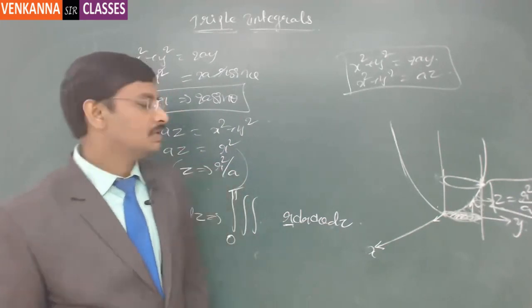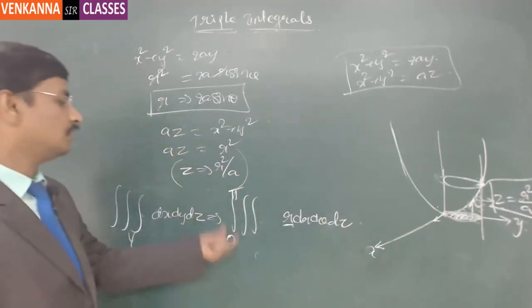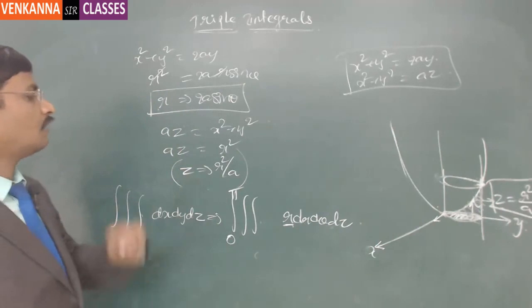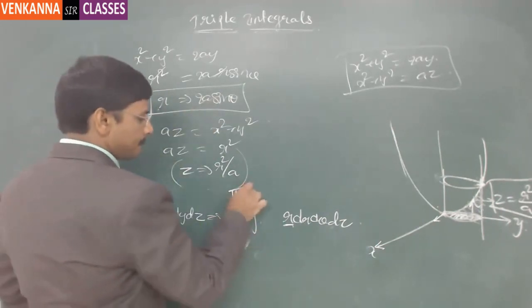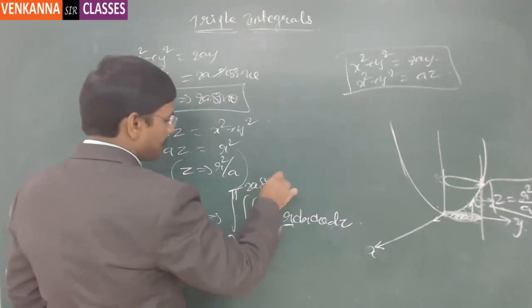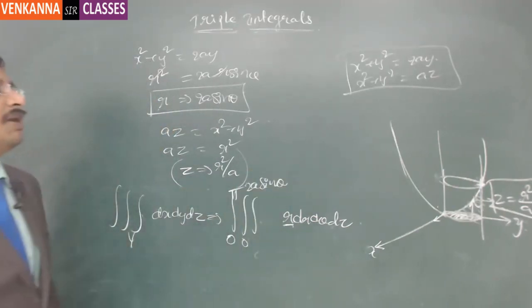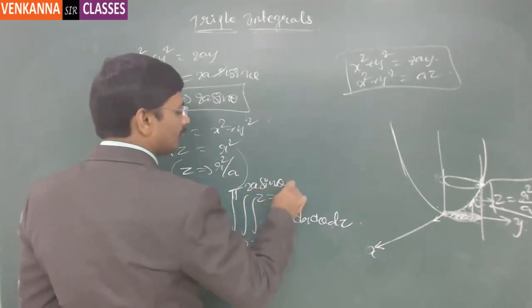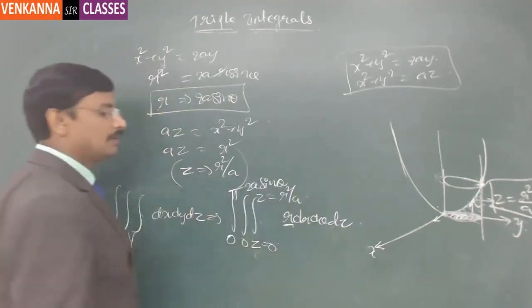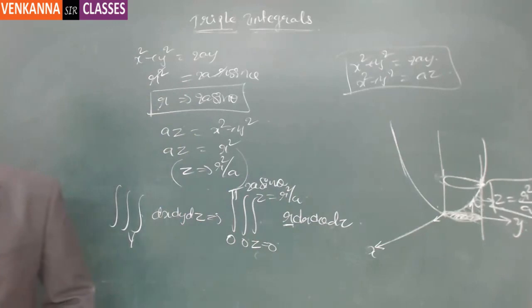Okay, great. So this is 0 to 5, and the r value varies from 0 to 2a sin theta. And then the z value varies from the z is equal to 0 plane to z is equal to r square by a. So we have to solve this integral of r dr d theta.